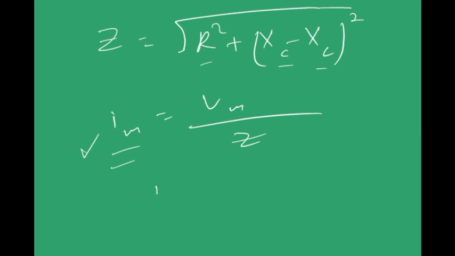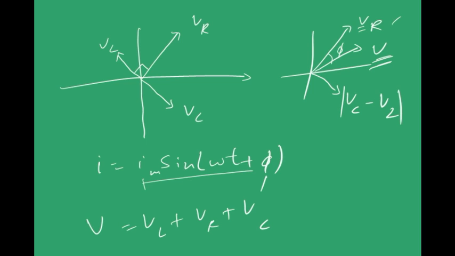For solving the current equation, I equals Im sin(omega t plus phi), I just need to find the phase now. And how will I find it? Observe this triangle. This V is the resultant of VR and VC minus VL, right?